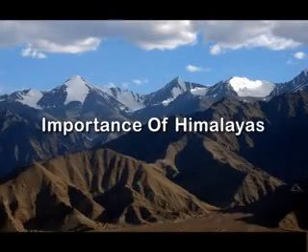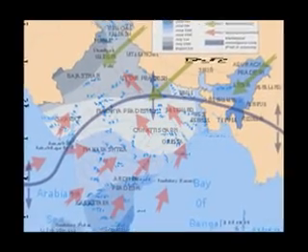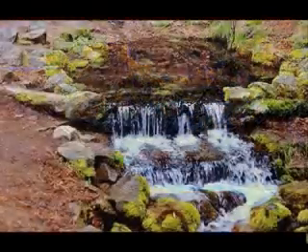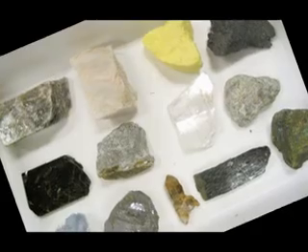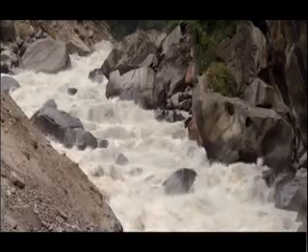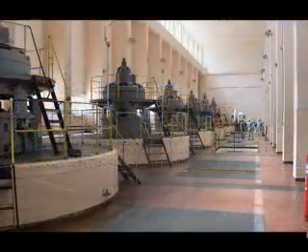The importance of the Himalayas. They stop the monsoon winds and cause rainfall. They are the birthplace of many rivers. They have plenty of mineral resources. The rivers that flow on their slopes are perennial and are useful for irrigation and generation of hydroelectricity.